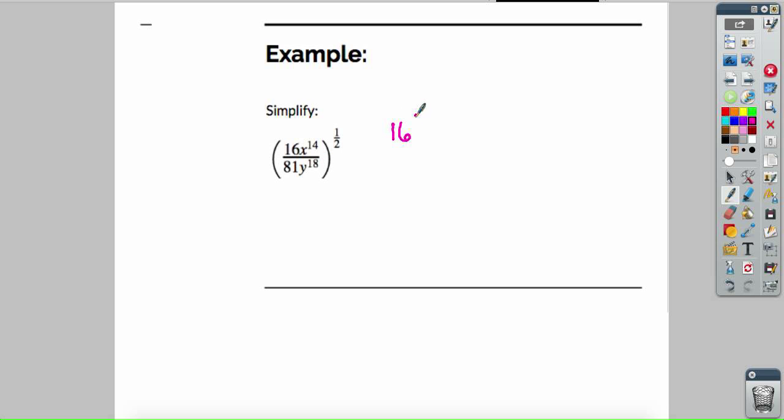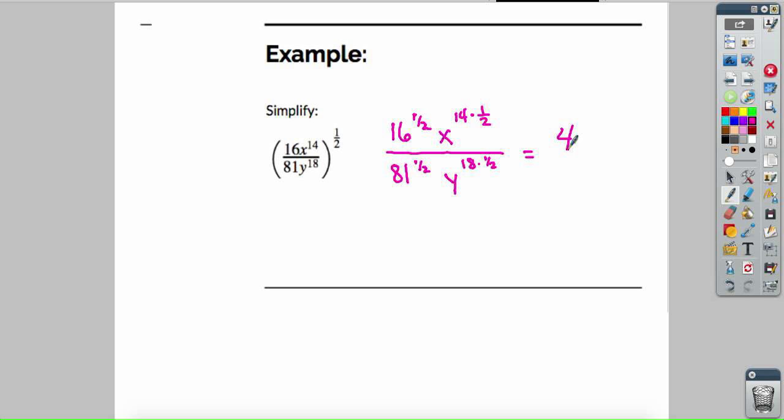So I have 16 to the 1/2 power, x to the 14 times 1/2 over 81 to the 1/2 power and y to the 18 times 1/2 power. Remember that the 1/2 power is the same as taking the square root of something. So now I'm looking at my chart for the square root of 16 and the square root of 81. And wouldn't you know it, both of them come out even.